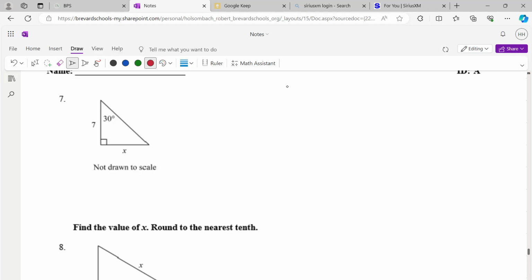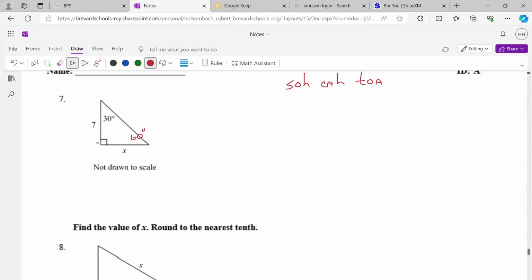Problem number 7. You've got a couple of options. Whatever you feel more comfortable with. If one angle in a right triangle is 30, the other angle is 60. In a 30, 60, 90 right triangle, it's a special right triangle.